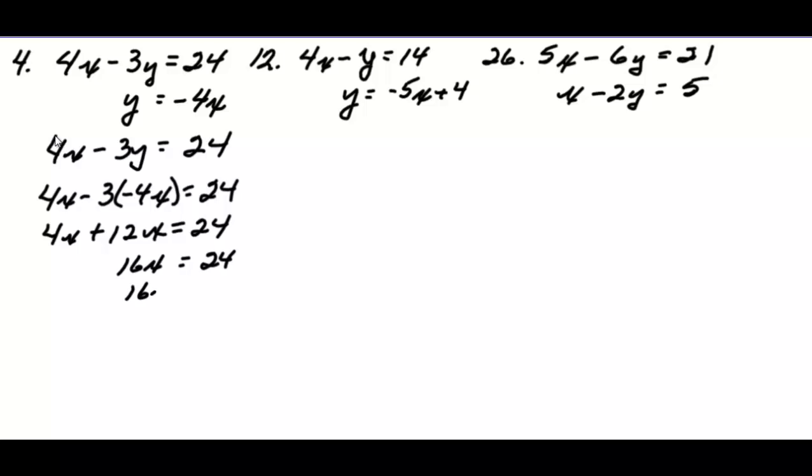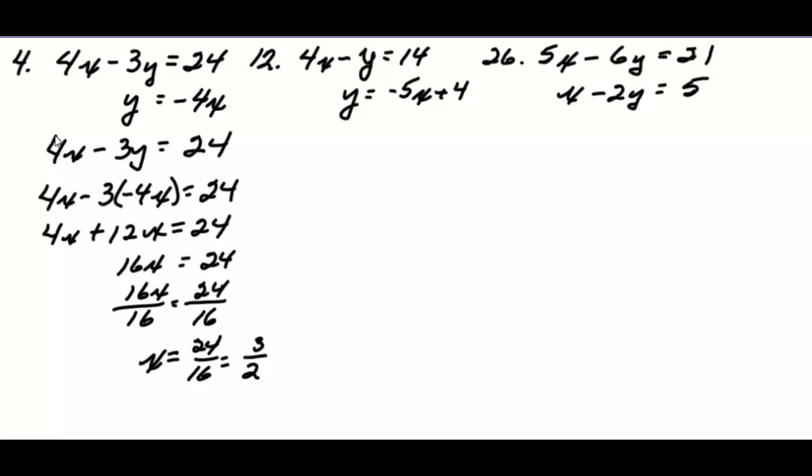And then 16x over 16 equals 24 over 16. So therefore x equals, and when we reduce 24 over 16 down, we realize that 8 divides evenly into both, and that gives us 3 over 2, or 1.5.